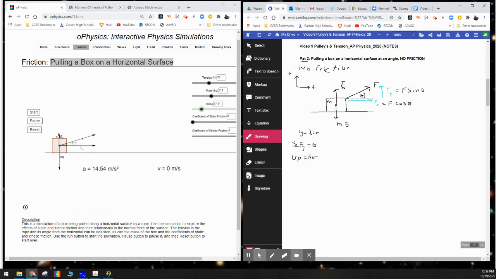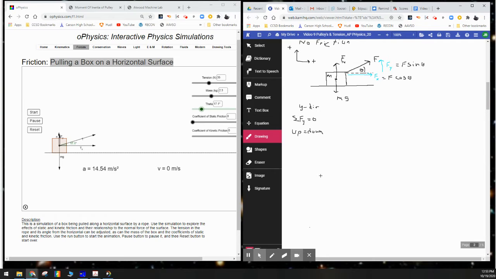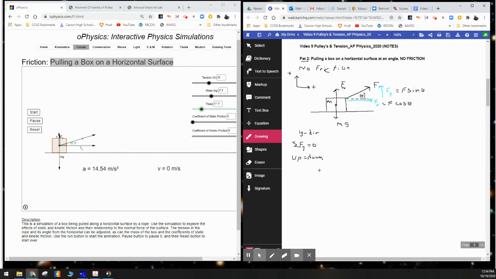All the forces going up equals all the forces going down. Therefore, we get rid of the negative signs, so we don't have to worry about negative signs. So what's all the forces going up? Well, we have clearly the normal force going up here. And also look carefully here, we also have Fy. I'll just go ahead and write Fy for right now. And what's going down? The only force going down is mg, like so.